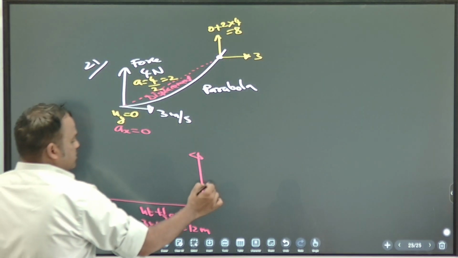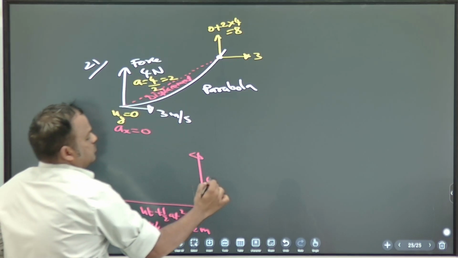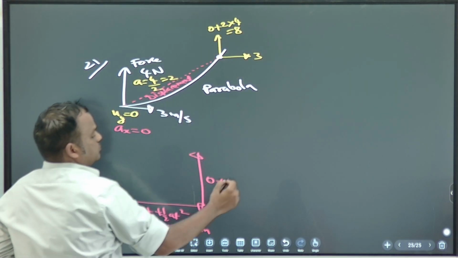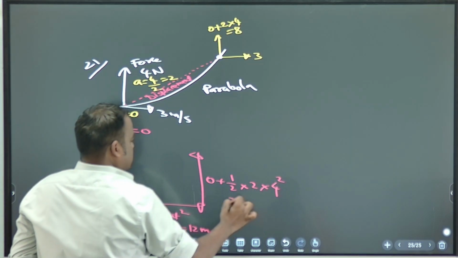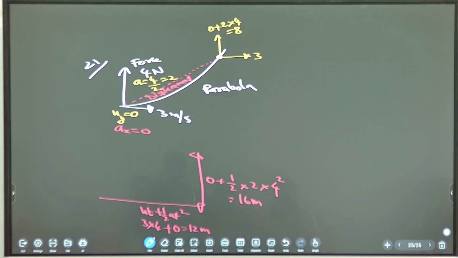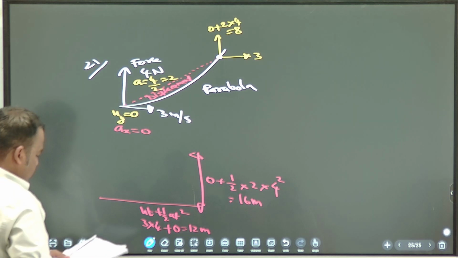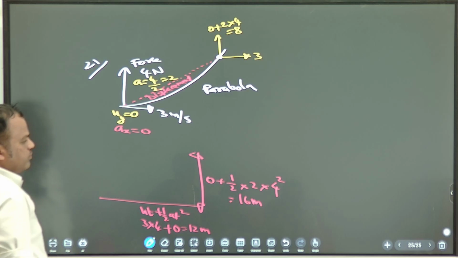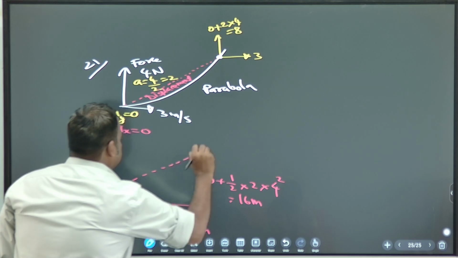Ut plus half a t square. Now u is 0, y direction u is 0, acceleration is 2. So half 2 into 4 square. So 16. 16 meter it is going in y direction. Okay. So this is the displacement.